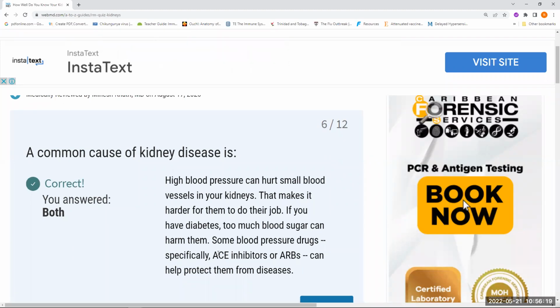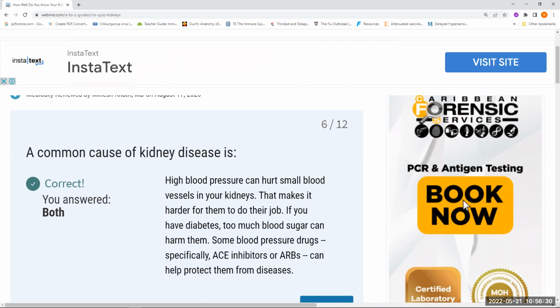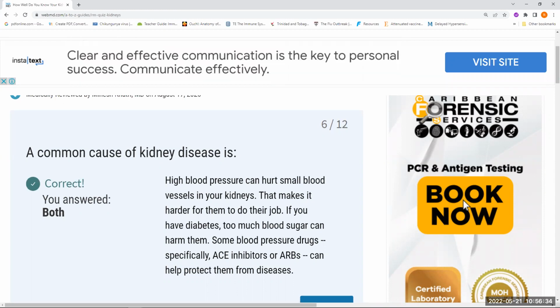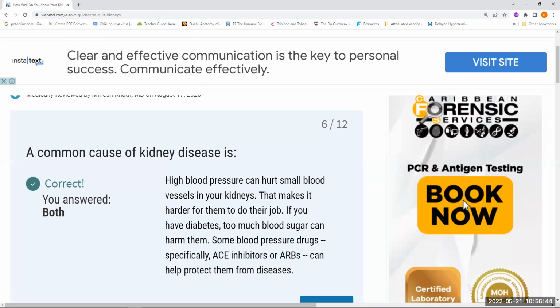So when you have ACE inhibitors, that could regulate this high blood pressure, because there's a normal cycle for keeping the blood pressure up. ACE inhibitors prevent the conversion of angiotensin 1 to 2, and so the effects of angiotensin 2, vasoconstriction and the other things associated with it, do not take hold.